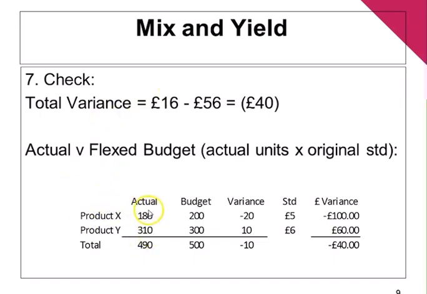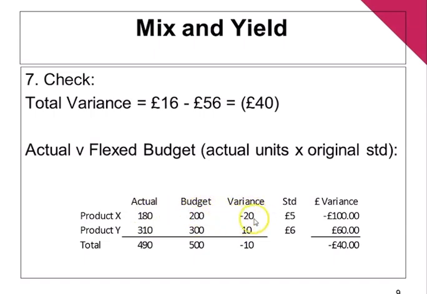Now let's just go back to the sales volume variance. What I've done down at the bottom is that each product would have a sales volume variance. Normally you're only dealing with one product when you go back to your level 4 studies, so you would just do actual volume versus budget volume, which gives you a variance.